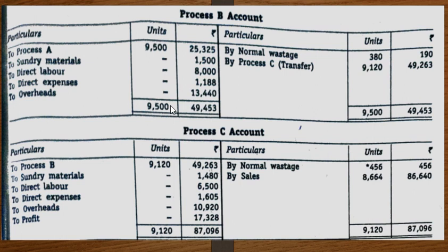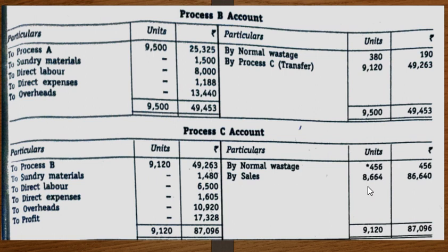To find the profit, it is very simple. As we have got the normal wastage, the balancing figure will be by sales, as it is the last process, or you can take it as by finished product, which is the difference of your input and output. Input units is 9,120 and the normal wastage is 456. When you minus 9,120 minus 456, you will get 8,664.